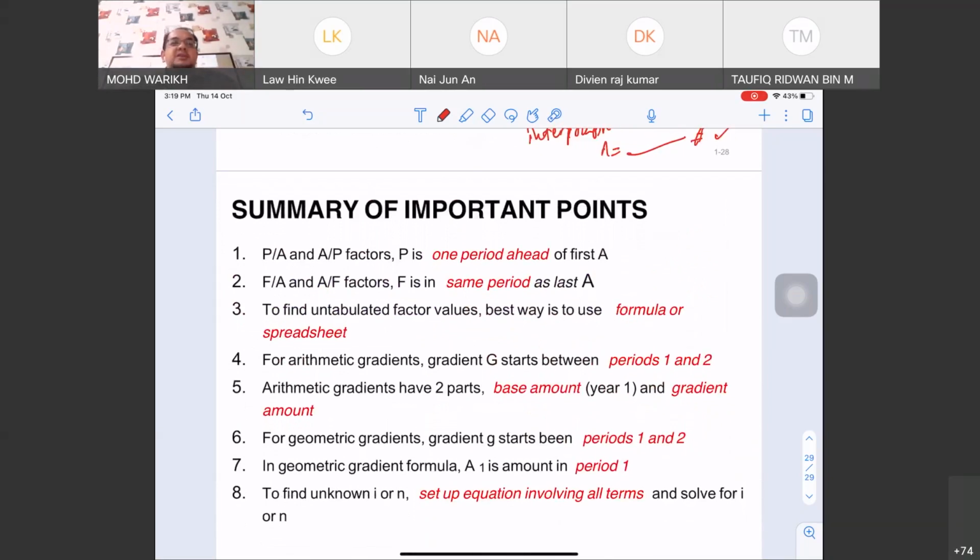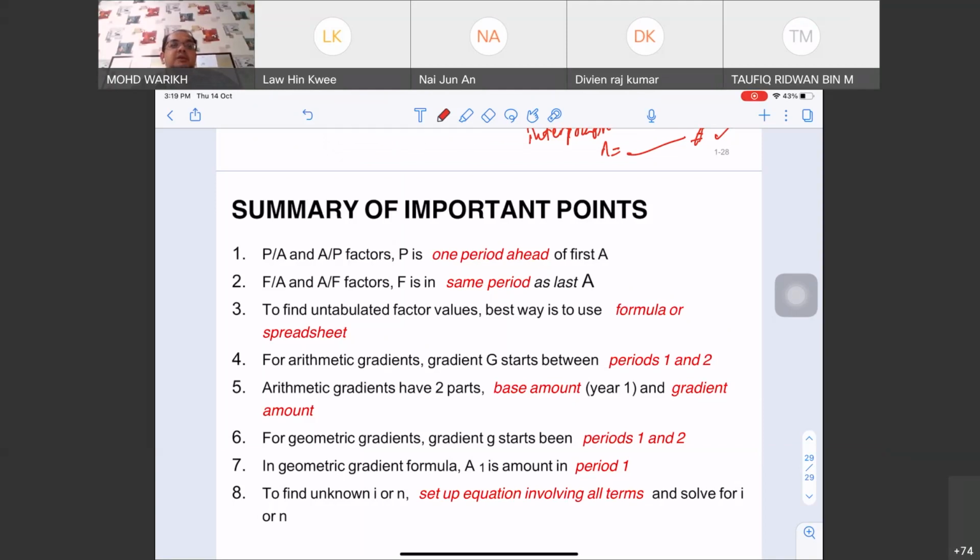Any question? No question, Doctor. If you still feel blur, refer back to the slide, and then slowly I think we will understand. Is there anything else to ask?